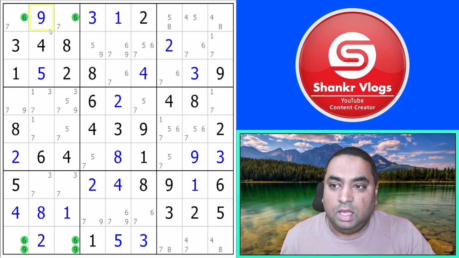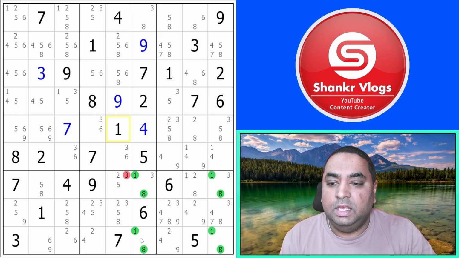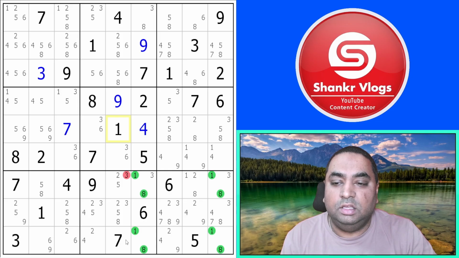Now we will see another example. See here, 1 and 8 are the UR candidates, as one set of the non-diagonal cells.